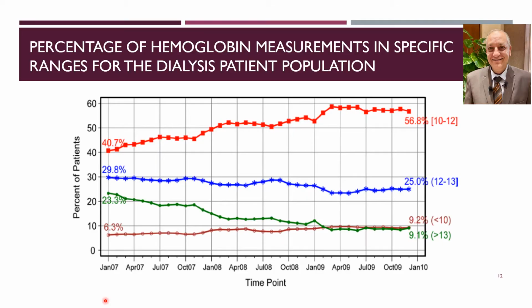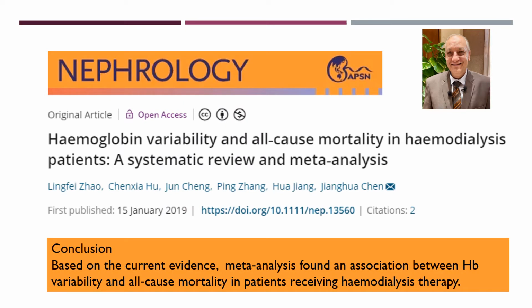And this is a graphic presentation of how much reaches the target hemoglobin and the fluctuation of hemoglobin with different therapeutic treatments. The hemoglobin variability and all-cause mortality in hemodialysis: it was concluded, based on current evidence in meta-analysis, that there is an association between hemoglobin variability and all-cause mortality in patients receiving hemodialysis therapy.